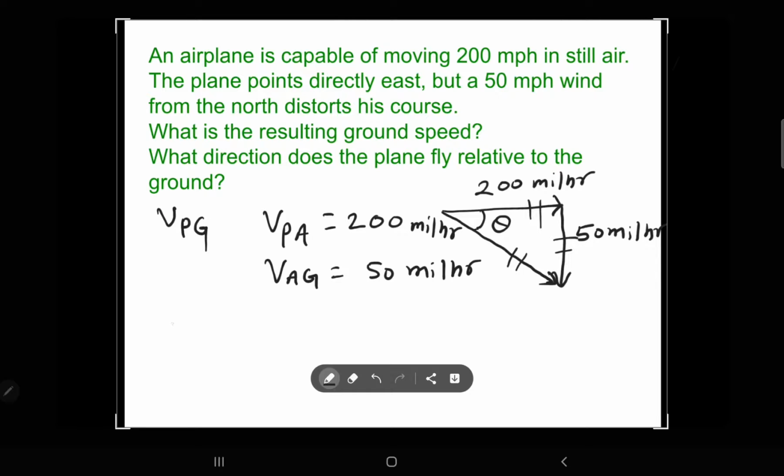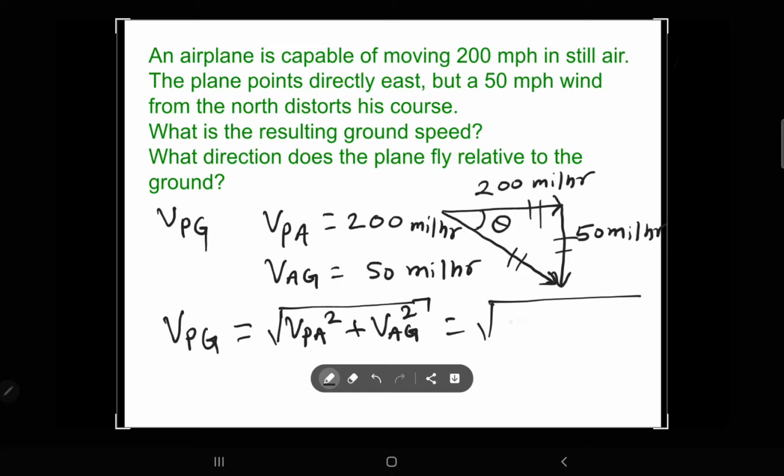So I can write it down like this: vpg, that is velocity of the plane as seen from the ground, will be equal to the square root of velocity of plane with respect to air squared plus velocity of the air with respect to ground squared, right? So this will give you 200 squared plus 50 squared.